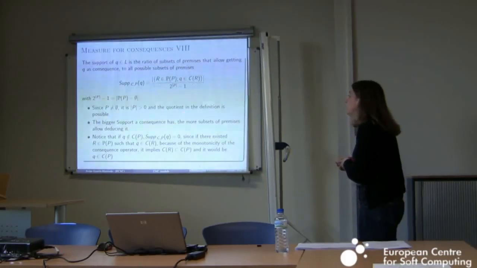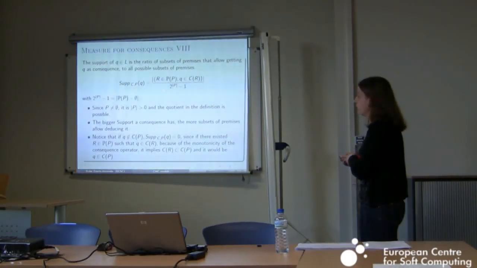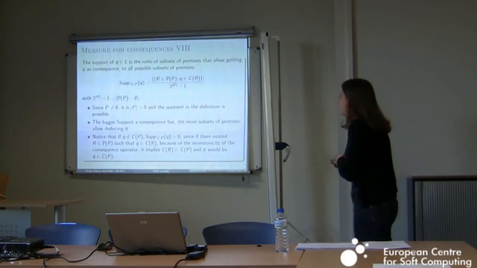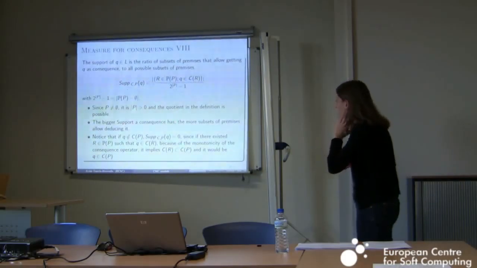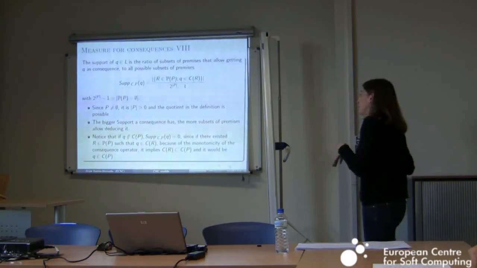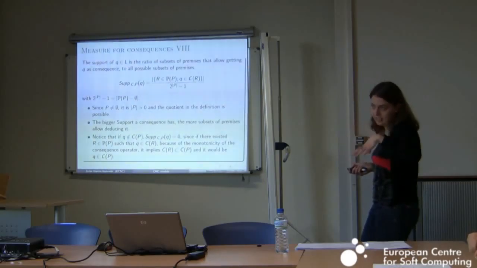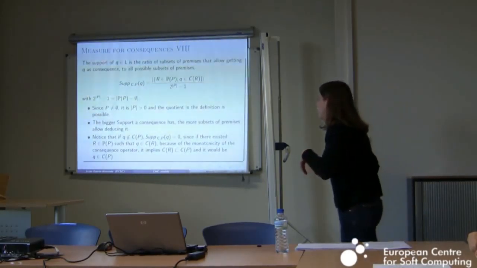This definition is possible if P has at least one element, because 2 minus 1 is 1; the denominator isn't 0. The bigger support a consequence has, the more subsets of premises allow deducing it. So it's the same idea as the last definition.